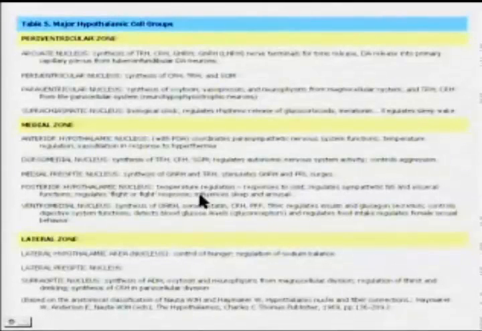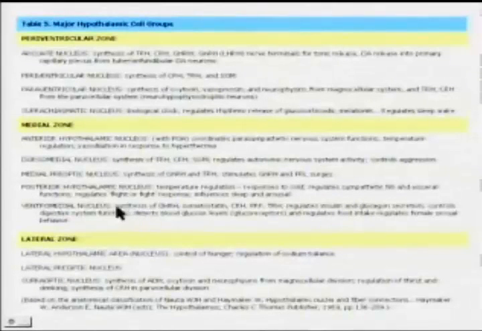influences sleep and arousal. The ventromedial nucleus, synthesis of GHRH, somatostatin, CRH, PRH, prolactin releasing factor, PRF, pardon me, I read the acronym wrong, TRH. It regulates insulin and glucagon secretion, controls digestive system functions, detects blood glucose levels, the glucoreceptors, and regulates food intake and the female sexual behavior.